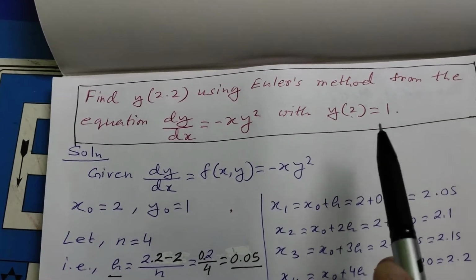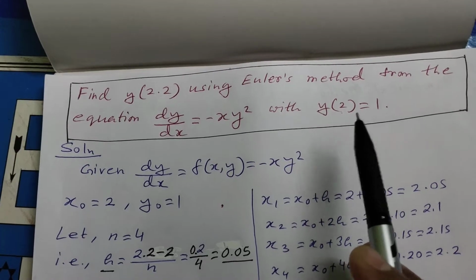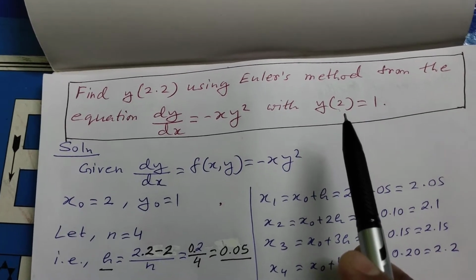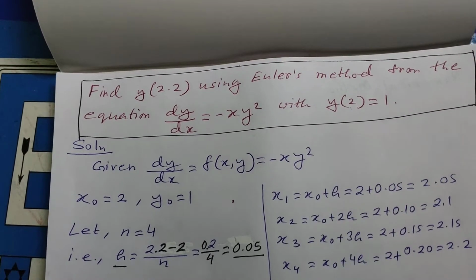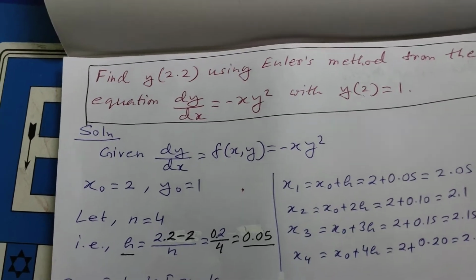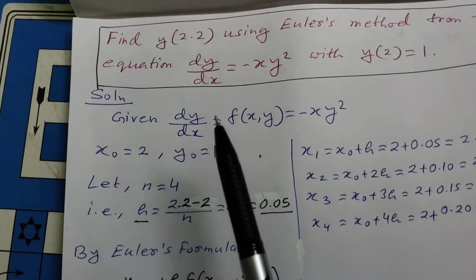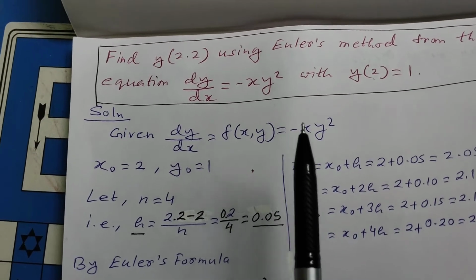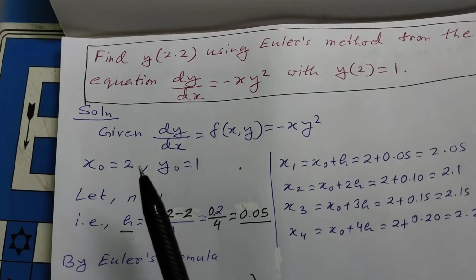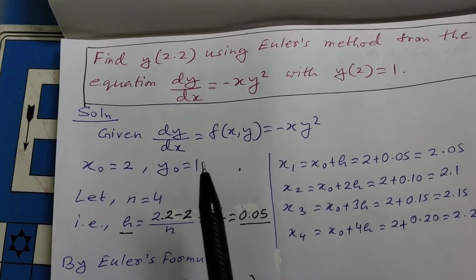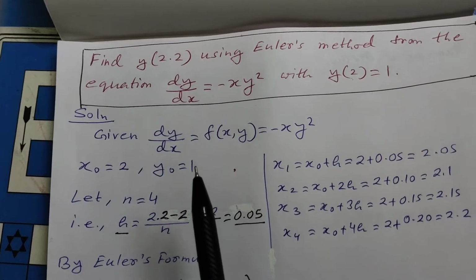Here y(2) equals 1 means y0 equals 1 and x0 equals 2. So if we consider the solution, it is given that dy/dx equals f(x, y) equals minus x y squared. Also x0 equals 2 and y0 equals 1, correct?